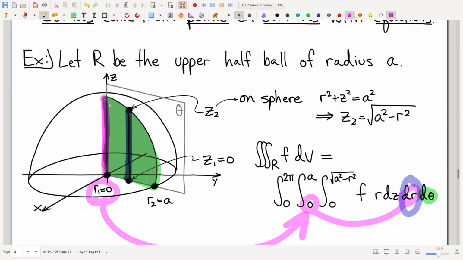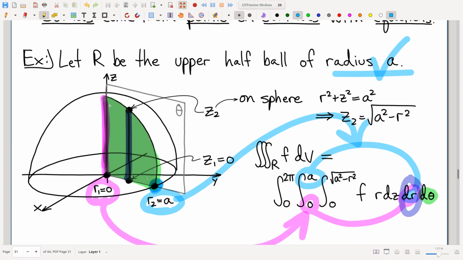And it ends this slicing process at that point, which is, by the way, at a point whose distance from the origin is literally a radius of this sphere. And so you can just see from the picture r has to be the radius, a. And so the upper bound for r is a.